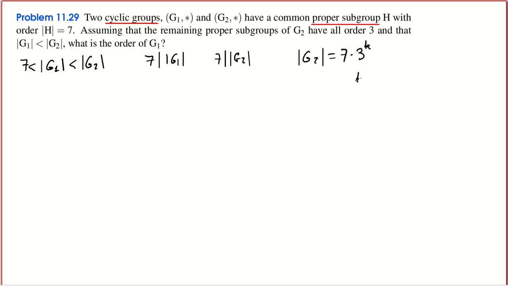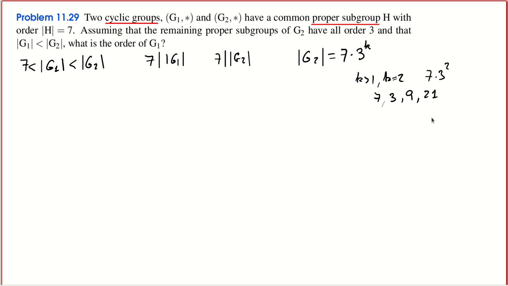Now suppose that k is larger than 1. For instance, take k equal to 2, and then the order would be 7 times 3 squared. Well, if this is true and G2 is a cyclic group, it should have a proper subgroup of order 7, that's H, of order 3, okay, we're told that all the others have order 3, but also of order 9, because 3 squared is a proper divisor, and of order 21, which would be 7 times 3.